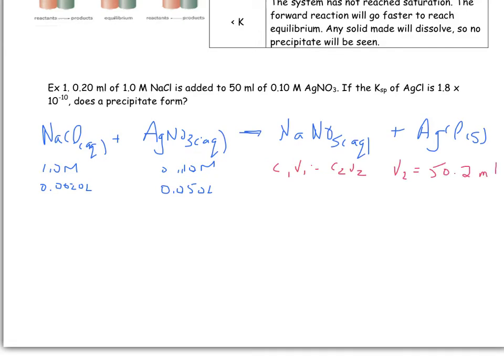To see if there's a precipitate made, we need to look at the solubility equilibrium of our insoluble product, silver chloride. If we write an equation showing it dissolving and calculate a Q, we can compare it to see if we're at equilibrium or which direction the reaction will shift.